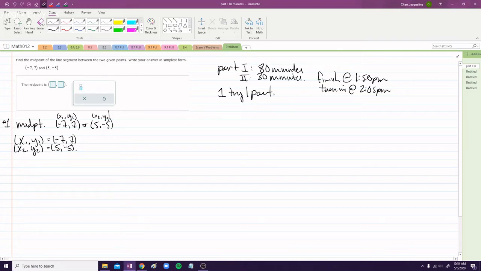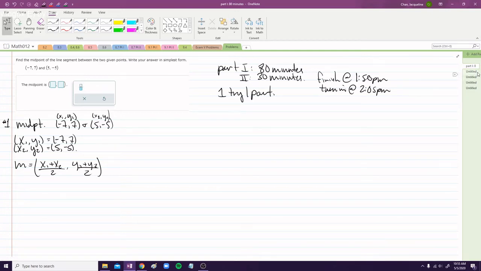Right? I do want you to write the general equation, so I want you to say m is equal to x1 plus x2 over 2, y1 plus y2 over 2. If you don't, you will lose a point. All right? So that is the comment I want to make for this one.